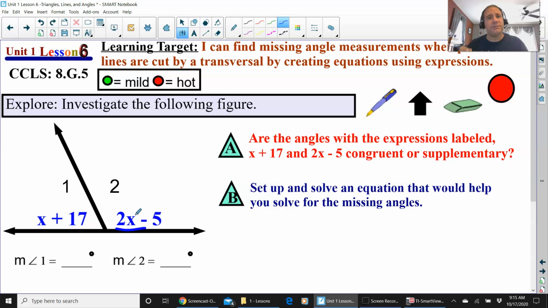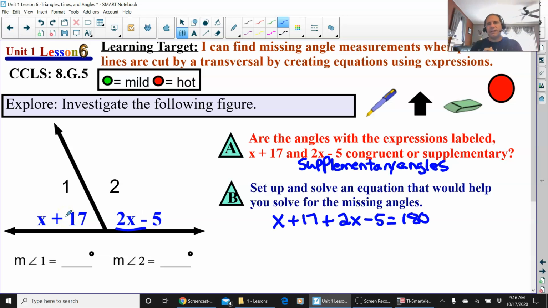If they're different, you set them up, adding them up and equal to 180. If they're the same, you set them up equal to each other. Try that, write the equation down, solve it, and then substitute in for the measure of angle 1 and angle 2 right now. You can press pause and try it, and then you can press play just to see that you have the right equation, and then press pause again and solve the equation. Press pause now.